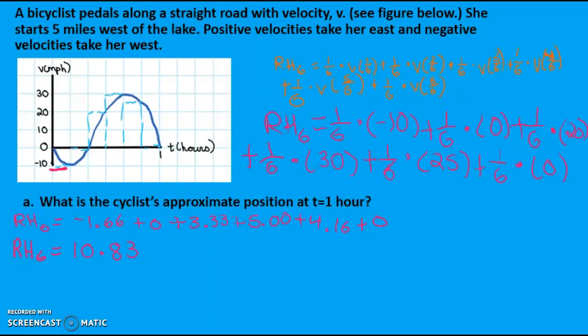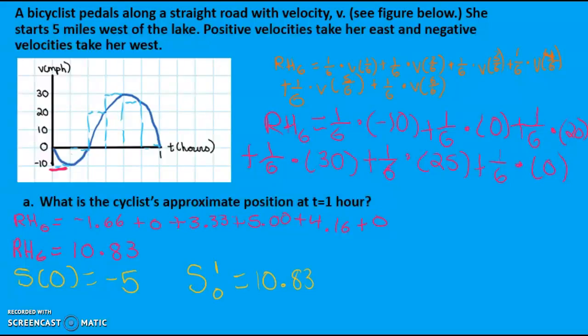Okay, so let's say that since we know that S of 0 equals negative 5, and we know that the change between 0 and 1 is going to equal 10.83, and that's movement really to the east.